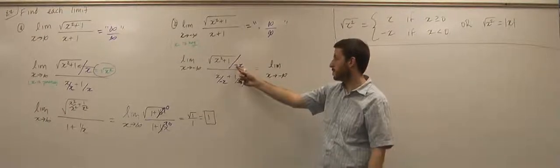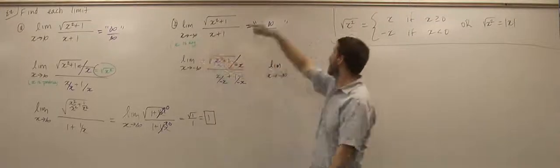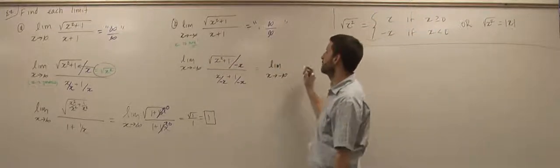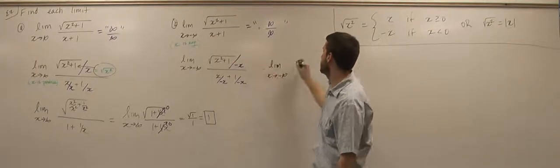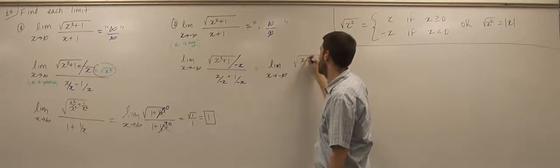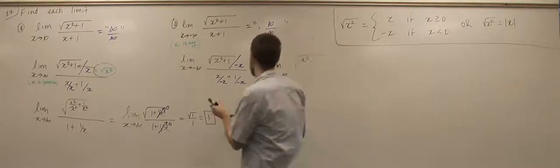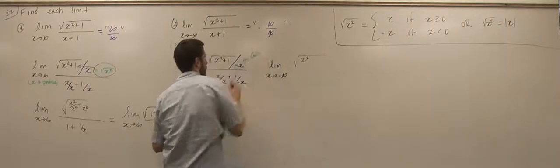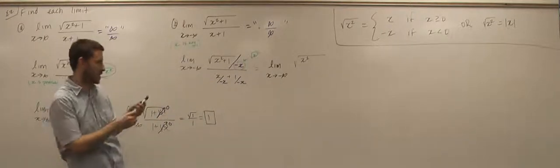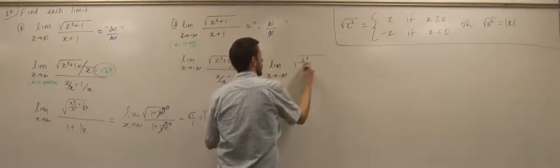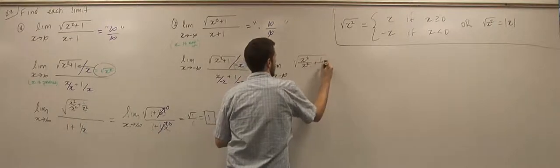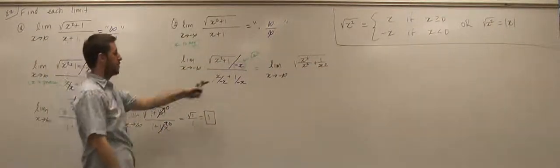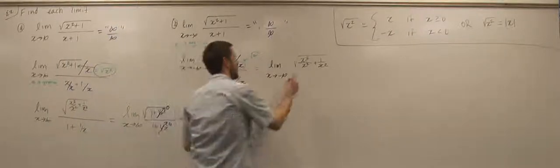So on the top, because I know I'm dealing with negative x values, I know I can replace negative x with square root of x squared. So this guy is going to become square root of x. So altogether you get x squared over x squared plus 1 over x squared. So the top, if you look, ends up being the same, nothing happens. But the bottom, we have a sign change.